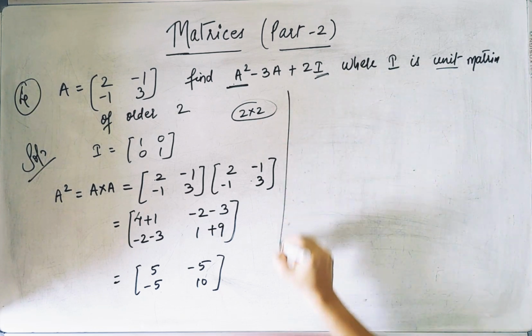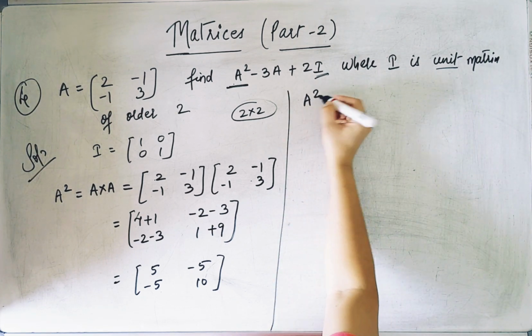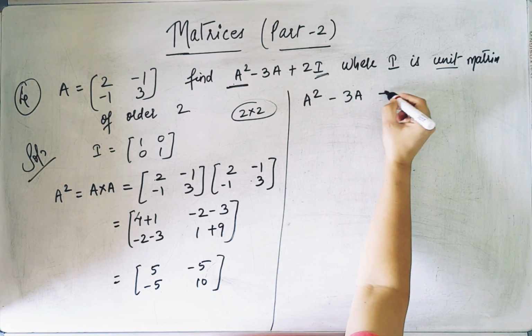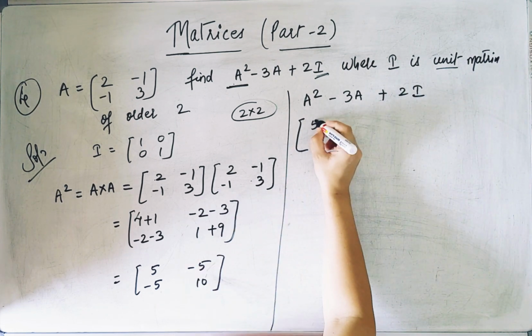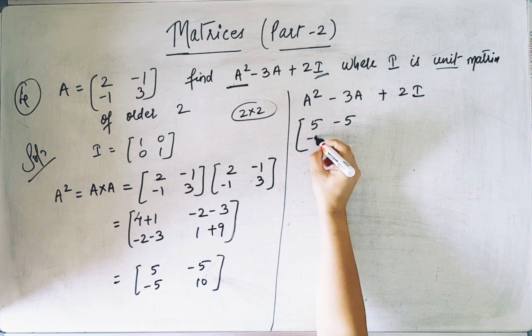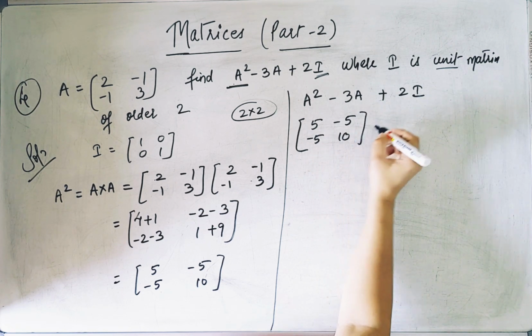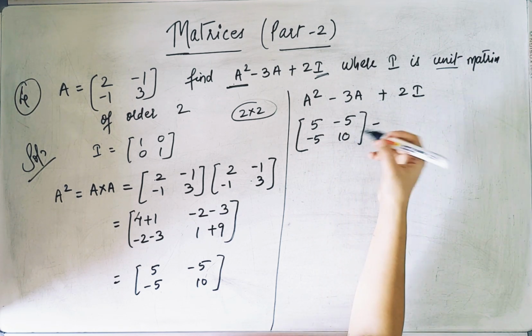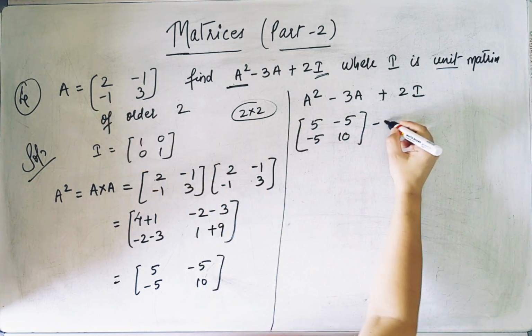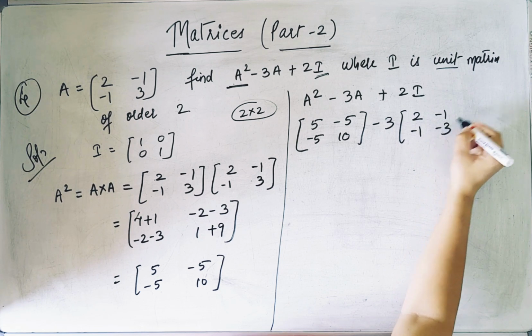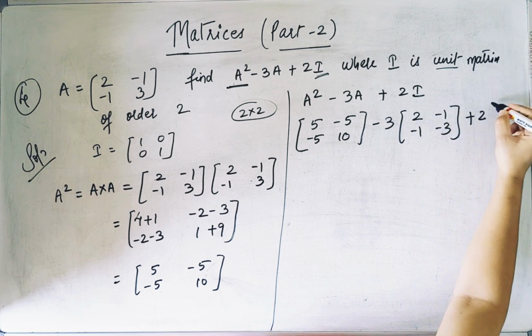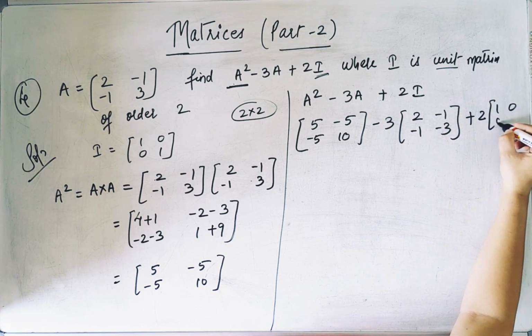Now what do we have to calculate? A square minus 3A plus 2I. So A square we have calculated, 5 minus 5 minus 5 10, minus 3 times A. So 3 into the A matrix is 2 minus 1 minus 1 3, plus 2 times the identity matrix 1 0 0 1.